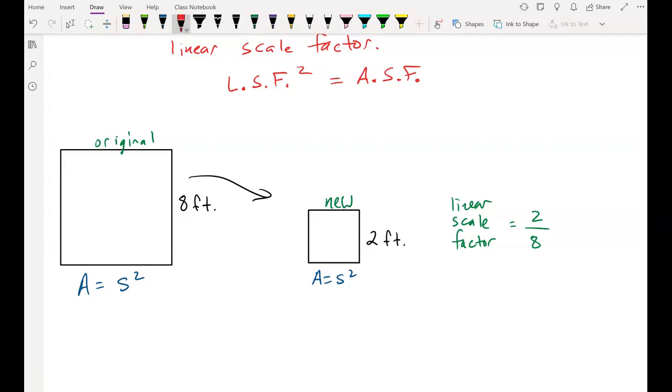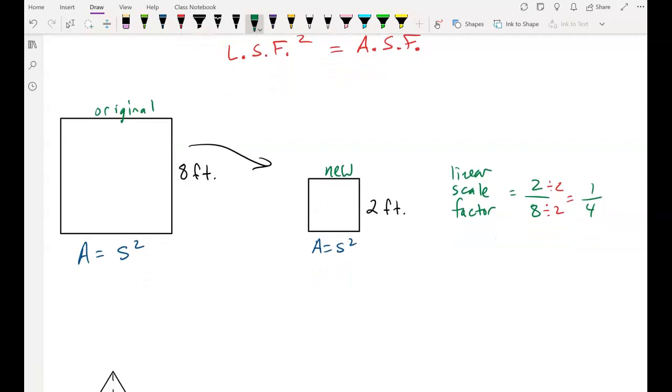We need to simplify this fraction because we know that the scale factor, because it's getting smaller, is going to be somewhere between 0 and 1. If we divide the numerator and the denominator by the greatest common factor of 2, we will get the linear scale factor of 1/4.